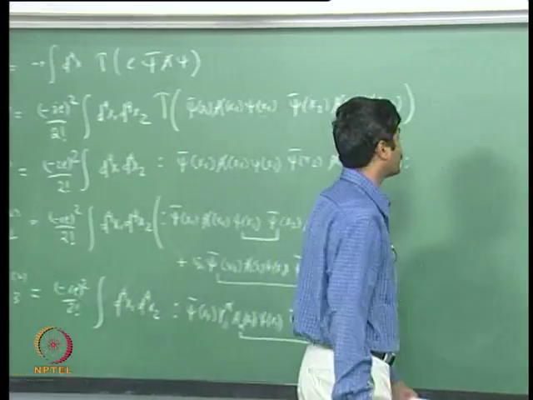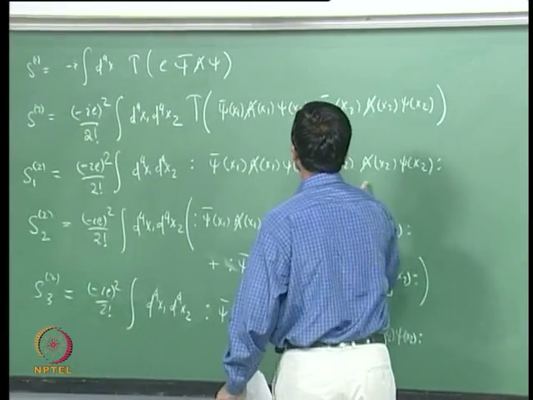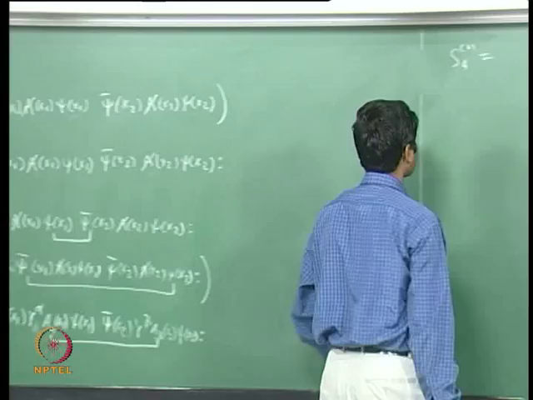Okay, so it involves one pair from the gauge field and one pair from the fermion field.